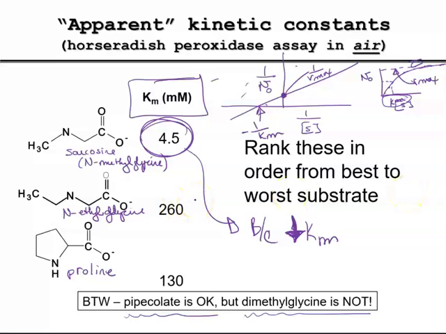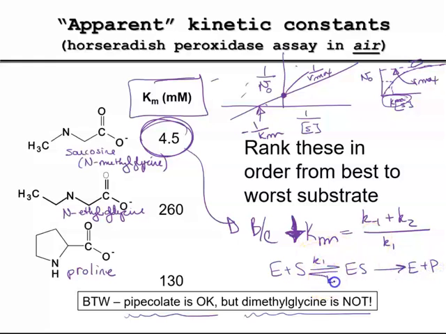Km doesn't tell you how tightly the enzyme binds the substrate. But what's buried in there: Km is equal to K minus 1 plus K2 over K1. And if you think about our simplified scheme, we have K1, K minus 1, K2. What is KD?